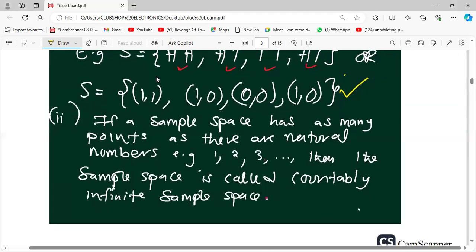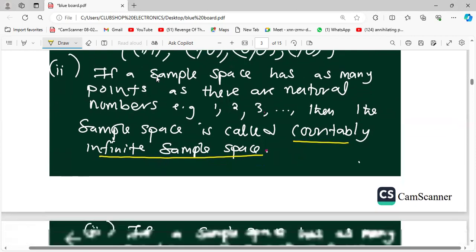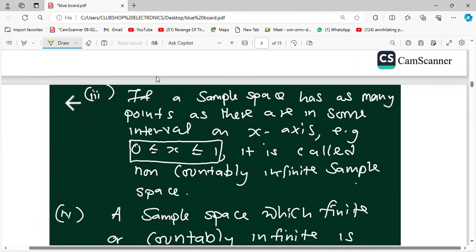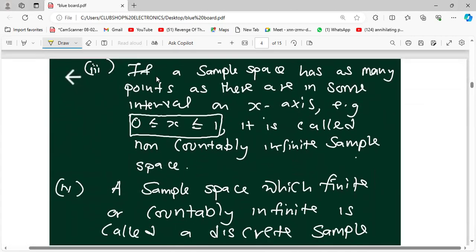And also a countably infinite sample space is called a discrete sample space. In other words, a sample space that is not on an interval is a discrete sample space. Okay, so this one is not discrete because it's on an interval.